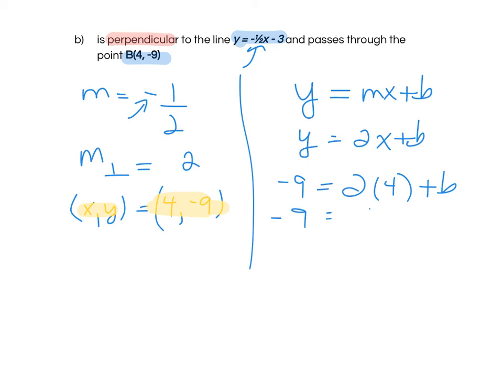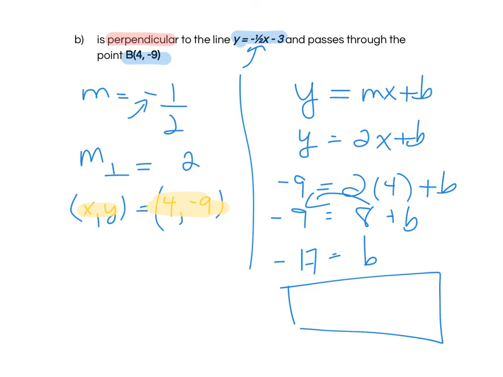Cleaning this up, that's going to give me that b is equal to -17. When I move my 8 over, it becomes negative. So there we go. So now what is my equation? It should be y equals 2x minus 17, and I'm done.